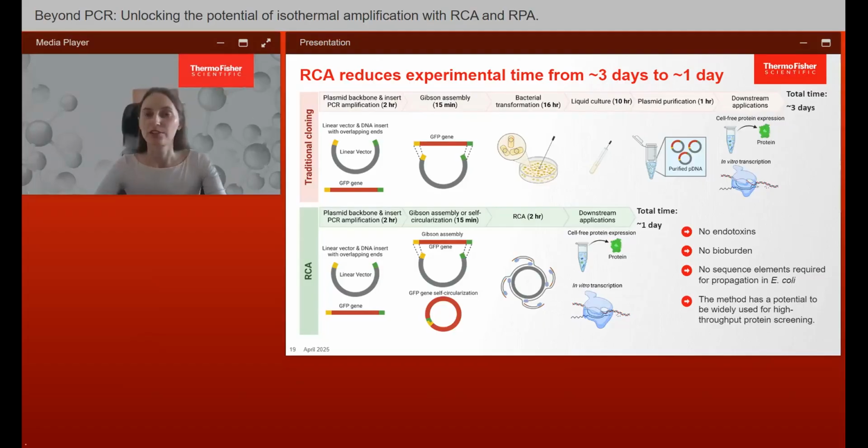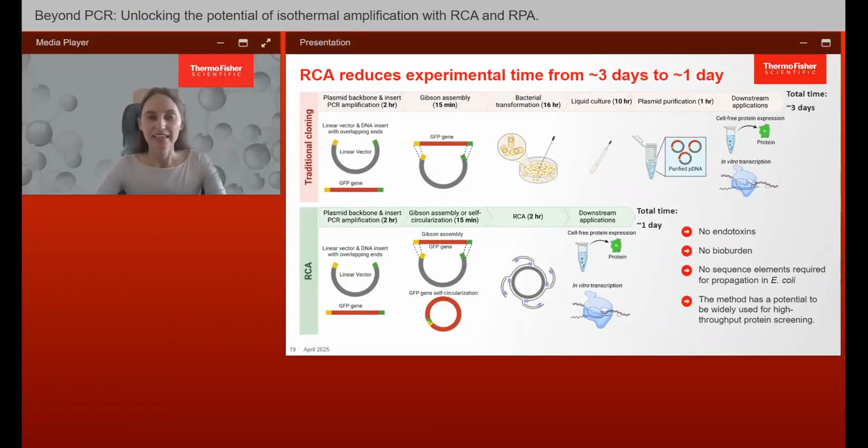By replacing traditional cloning steps that can take about 2 days with a single 2-hour RCA reaction, the workflow is reduced from 3 days to 1 day. Additionally, being entirely cell-free, there are no endotoxins, bioburden, or E. coli-related issues. We believe that RCA will be used daily to speed up high-throughput research like protein screening in the future.